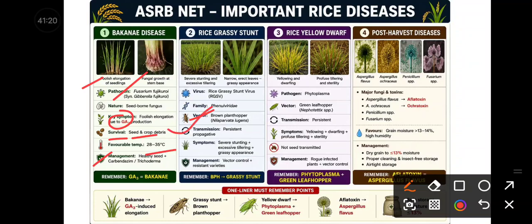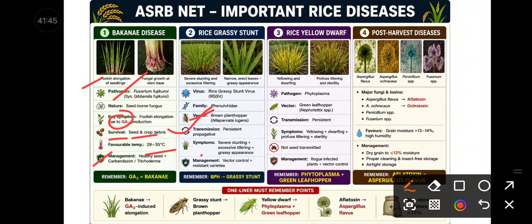For rice grassy stunt as well as rice black streaked dwarf virus, the vector is BPH and transmission occurs in a persistent propagative manner. But in the case of Tungro, it is transmitted by GLH, Nephotettix virescens, in a non-persistent manner.